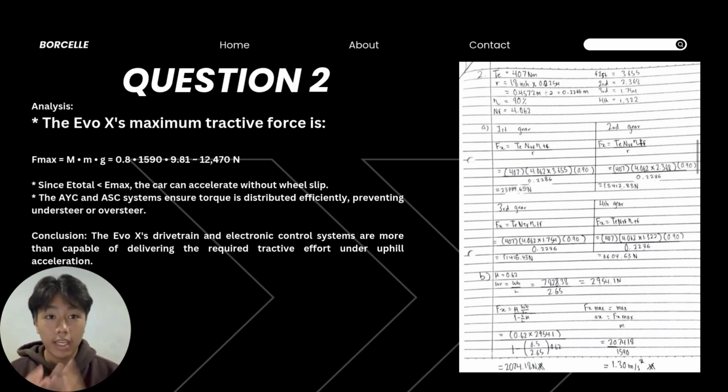Now, since the F total is less than the F max, the car can accelerate without wheel slip. The AYC and the ASC system ensure torque is distributed efficiently, preventing understeer or oversteer. So in conclusion, the Evo X drivetrain and electronic control system are capable of delivering the required tractive effort under uphill acceleration.